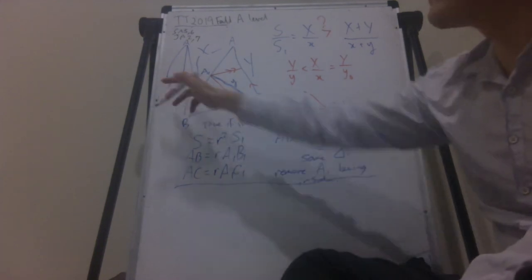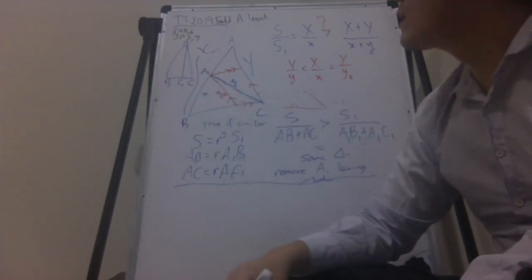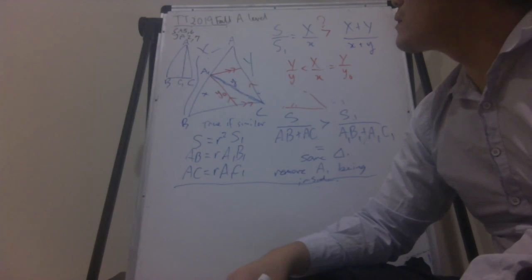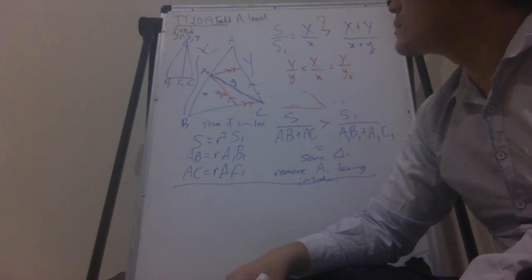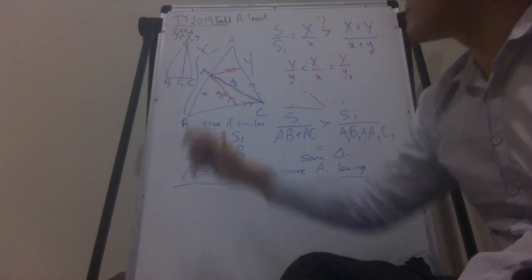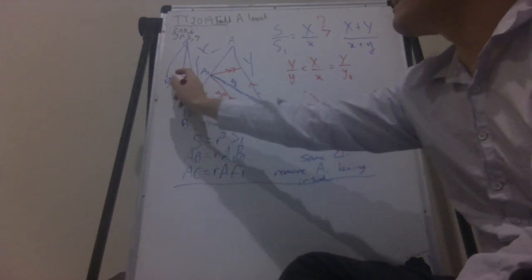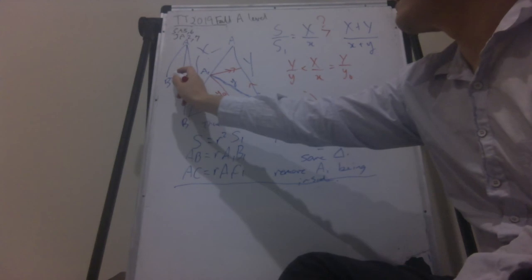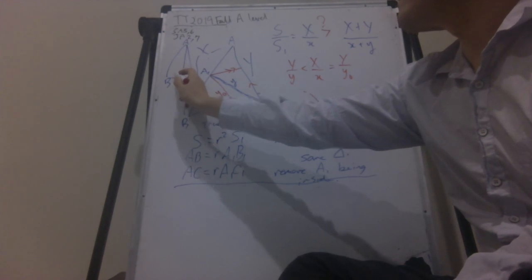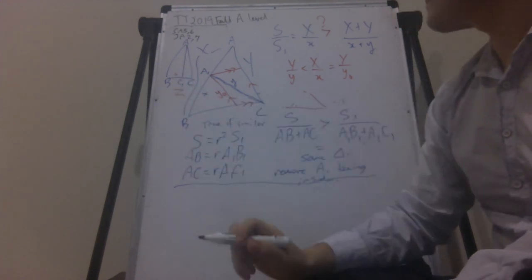So if we have this thing here, right? It relies on us knowing the ratio of the bases. So this is like Z, and that's like big Z, yeah?